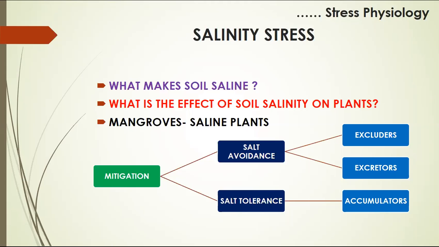So in mangroves, the mitigation of salinity is done either by salt avoidance or salt tolerance. The salt tolerant ones are the accumulator species, and the excluders and excretors exhibit the means of salt avoidance. In today's lecture, we will be focusing on salt tolerance.